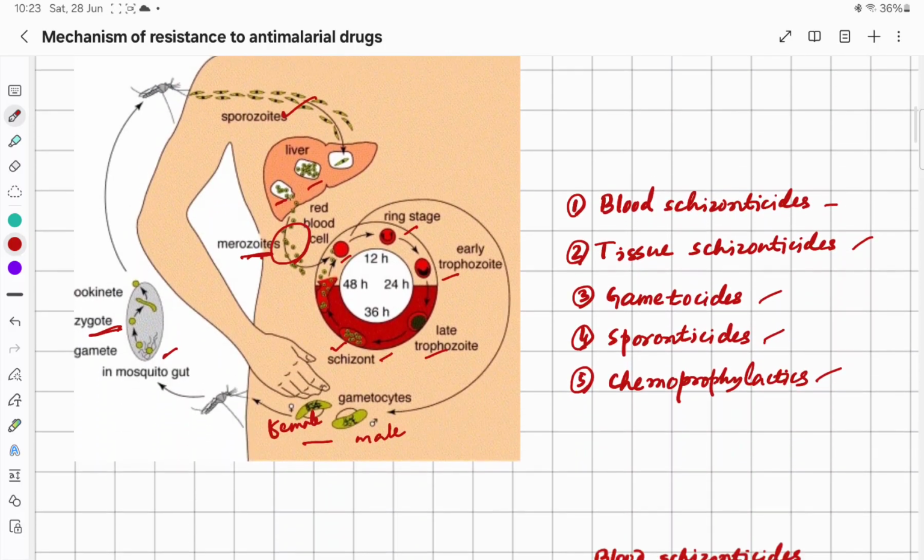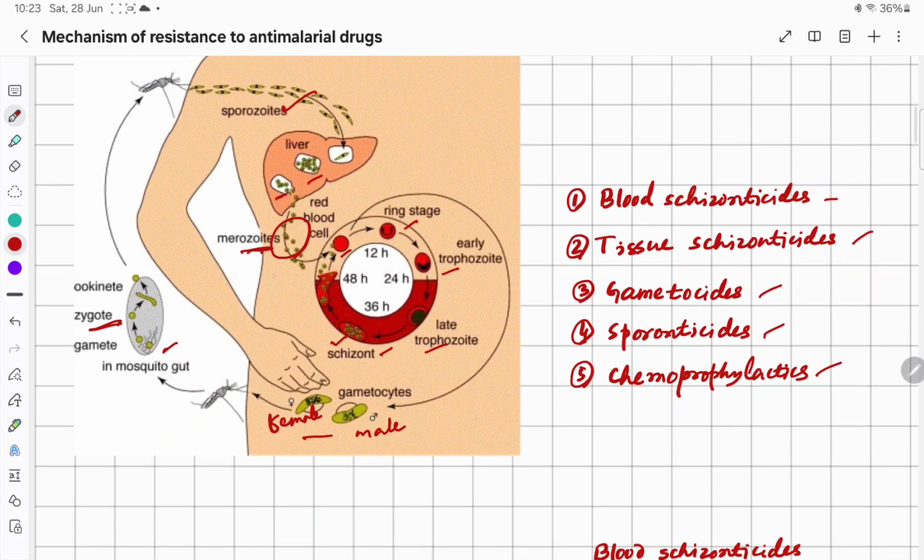So just see, this is pre-erythrocytic stage, and this is erythrocytic stage, and some of the merozoites can again attack the fresh liver cells, that is exoerythrocytic stage.